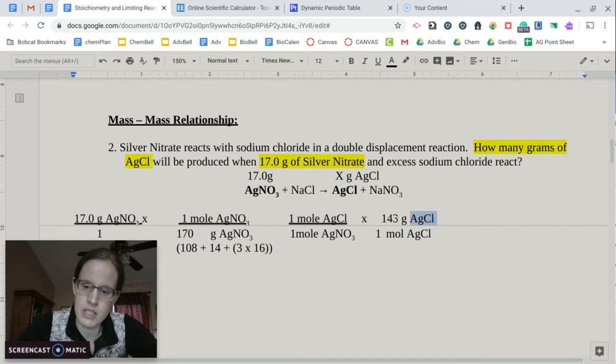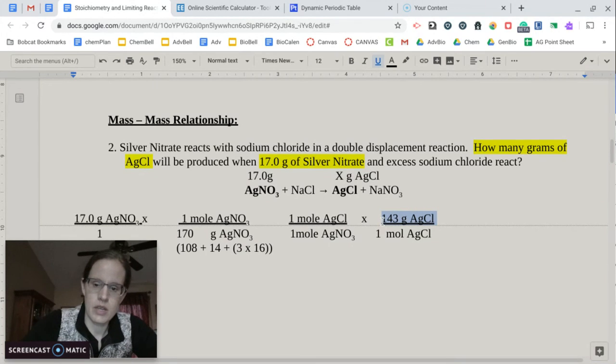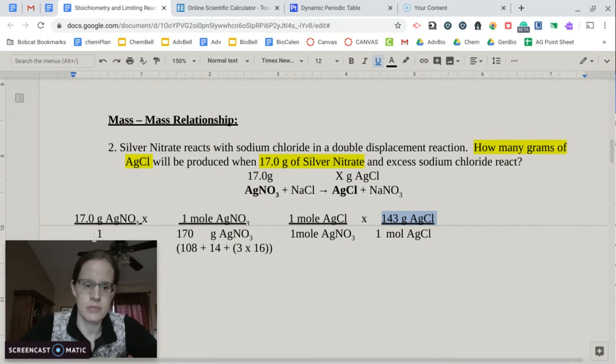So all your mass to mass conversions are going to be these 4 steps. Start off with your given over 1, change your starting mass to moles, do your mole ratio step, and then convert to the grams of whatever they're asking for. When you plug that in your calculator, remember you multiply if it's on top, divide if it's on the bottom.